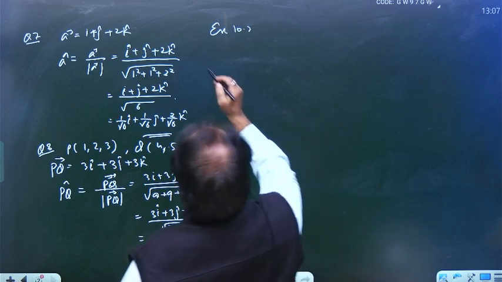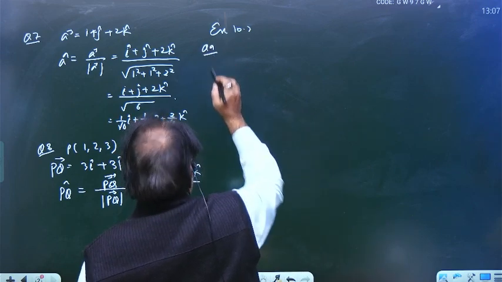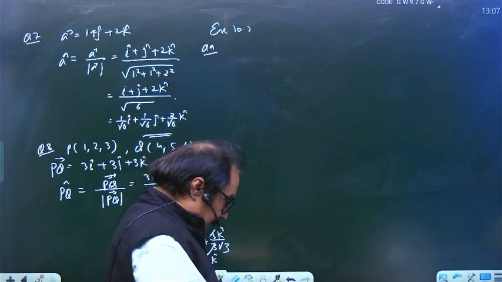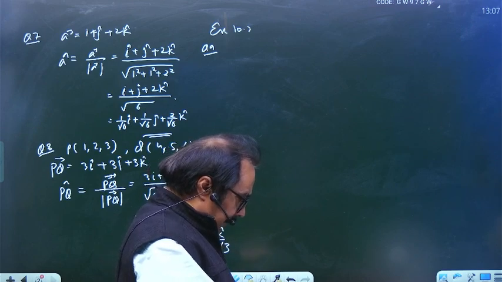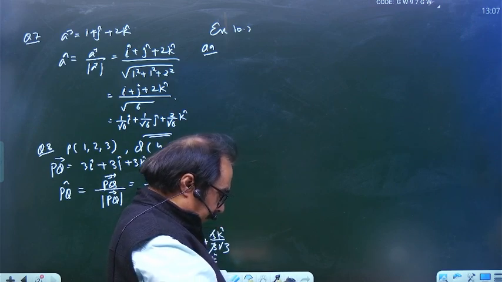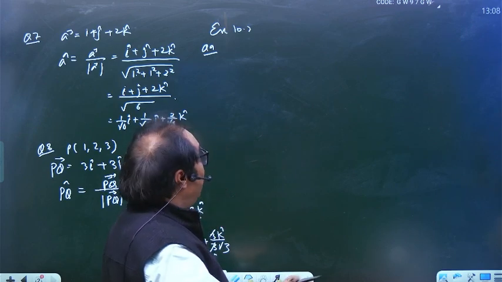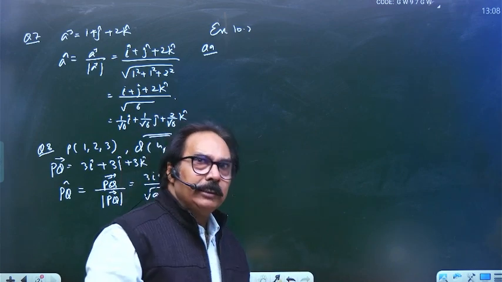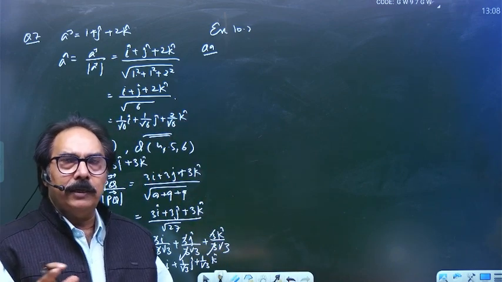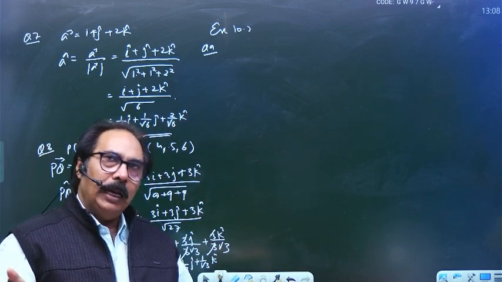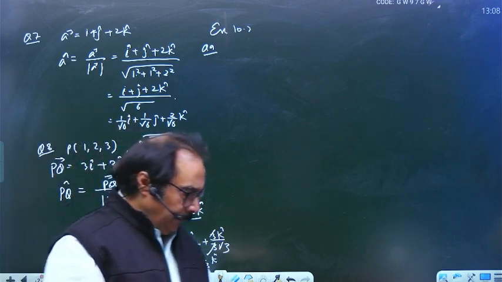The ninth question says: for the given vectors A and B, find the unit vector in the direction of A plus B. What does it mean? First we will find the value of A plus B, and then we will find its unit vector.